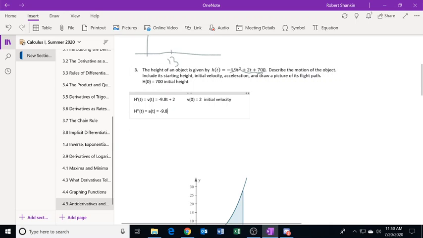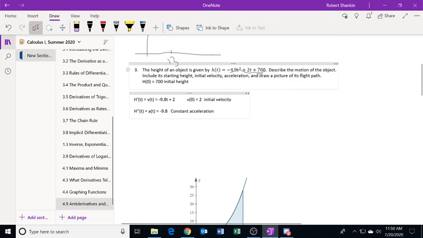That's the initial acceleration, the final acceleration, all the way. Constant acceleration. And negative 9.8 must have been meters per second squared, because that's the units on the surface of the Earth of acceleration.